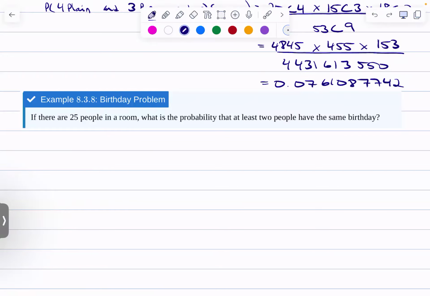It turns out that even though there's 365 days in a year, you don't need very many people in a room in order to get a high probability of having the same birthday. That's what's commonly called the birthday problem.